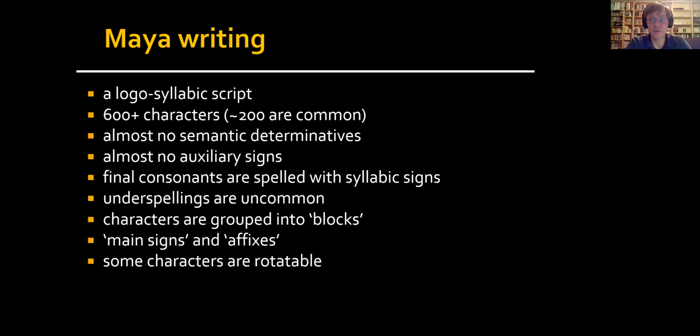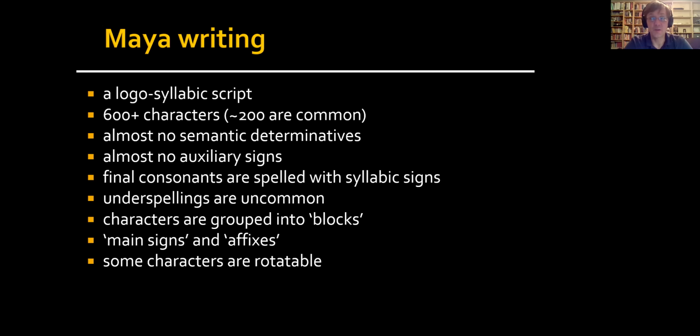It is possible there are many more characters which are less common, and of which the use is less documented, in part because we're dealing only with certain genres, certain kinds of texts. There are almost no semantic determinatives, so signs restricted to just meaning, no pronunciation, in Maya writing. There are almost no auxiliary signs like commas or exclamation marks.